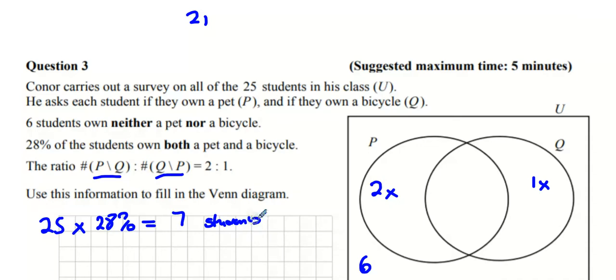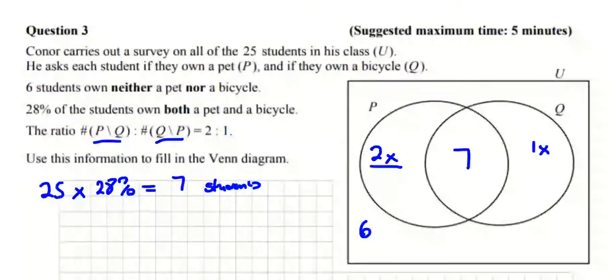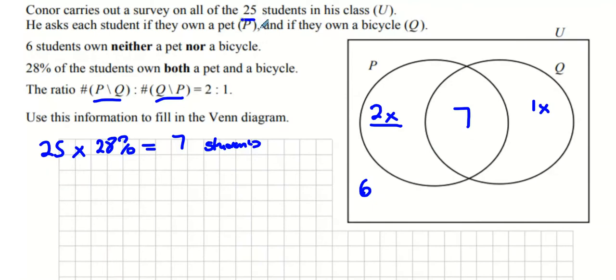Okay. So twice as many people are in P that's not in Q compared to the other part. I think what we can do here is add all these up together and it should get 25. So it's 2x plus 7 plus 1x plus 6 equals 25.